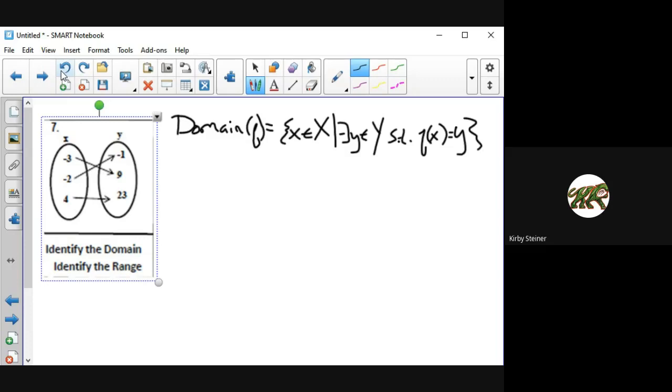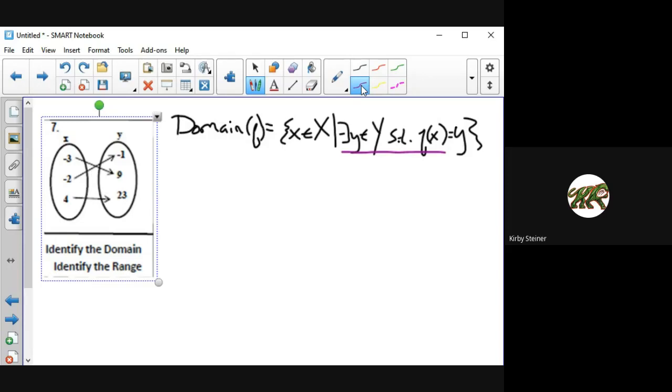All right, so let's look at this last part. So remember we said this part here, there exists a y such that f of x equals y, that refers to the x values for which the function is defined, right?